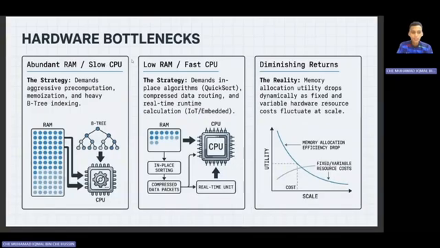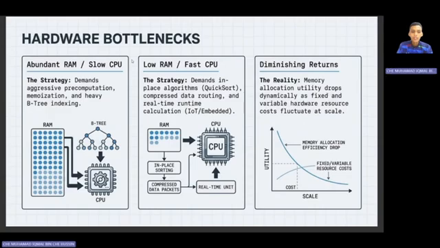And slide 12, hardware bottleneck. Abundant RAM and slow CPU demand aggressive pre-computation, memoization, and heavy B-tree indexing.